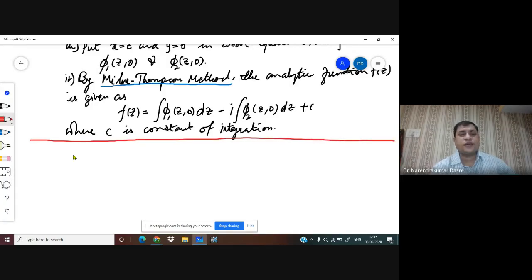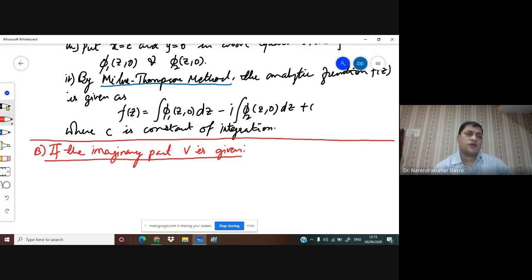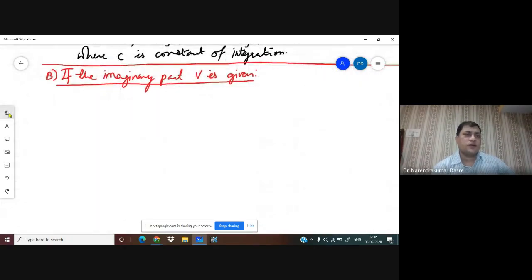Now, what are the changes when the imaginary part is known? Suppose the imaginary part is given. Whether it is a real part or an imaginary part, we have to find the same function.